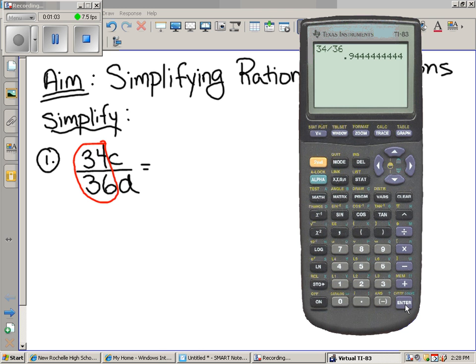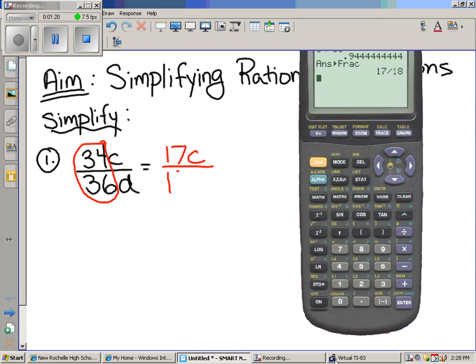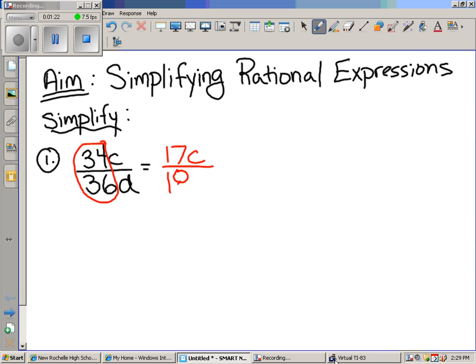It gives you a decimal number. Type math, fraction, hit enter, and it reduces it down. So it turns out, in the end, this is just 17c over 18d. Very nice.